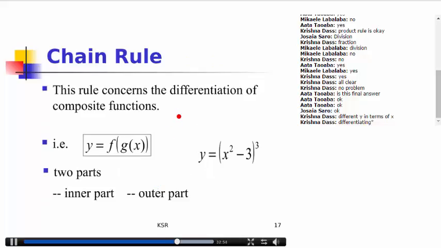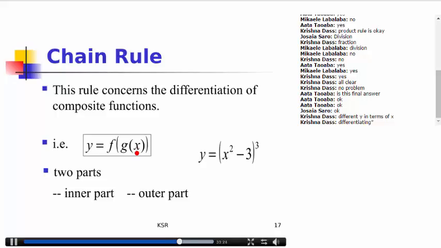Chain rule. Do you like chain rule? Do you love chain rule? I must say, chain rule is really interesting. This rule concerns the differentiation of composite functions. Chain rule is whereby you have a function and there is a function inside it.